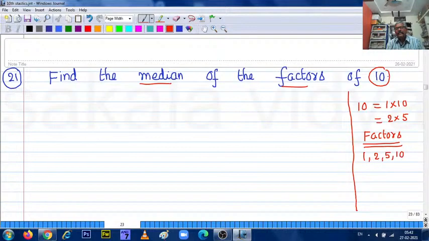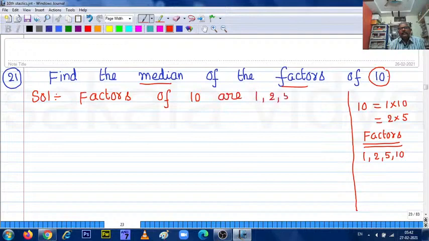For example, the set of the factors of 10 means {1, 2, 5, 10}. This problem may be given in sets also. So now write down here: factors of 10 are 1, 2, 5, 10. It's very simple.